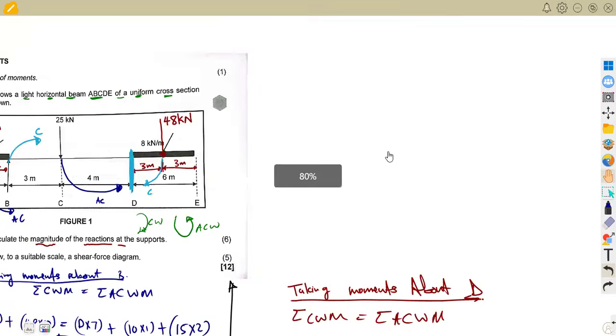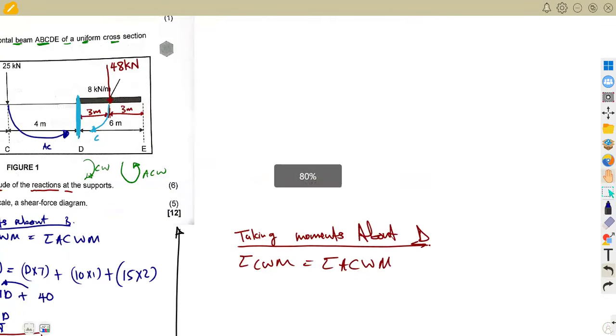All right, so we said the first one, let us take the first one from here. 48 back to D here, the distance back to D, the distance there is what? 3 meters. There's a difference there of 3 meters. So that is going to be 48 times 3.